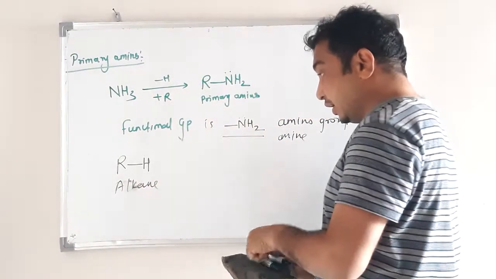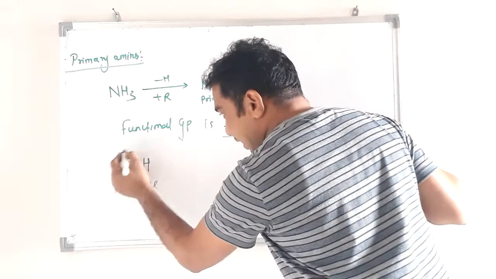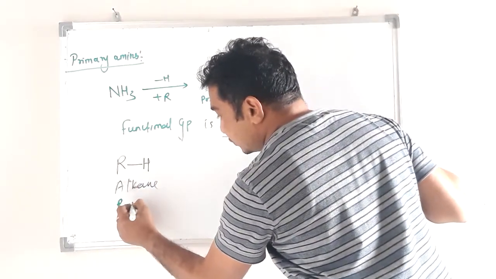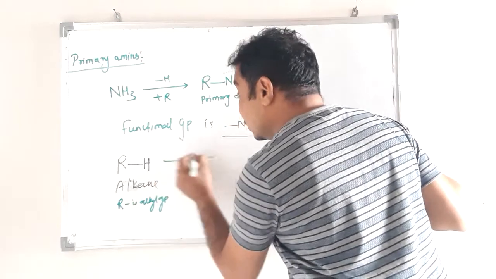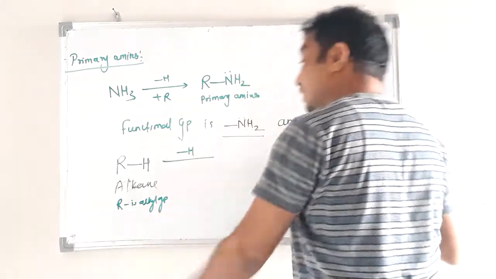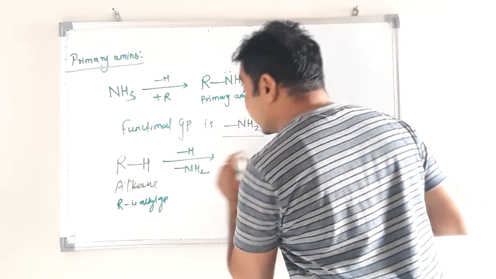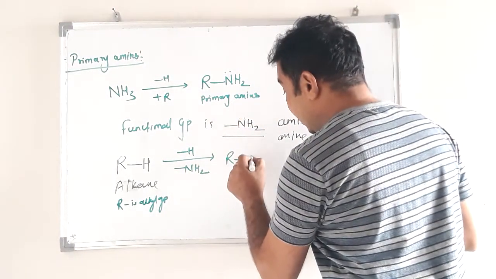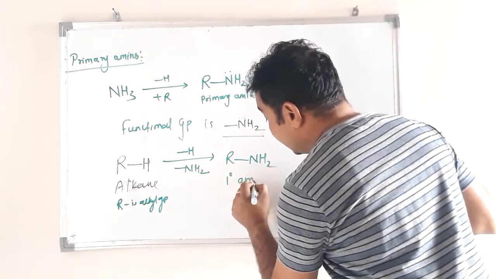Okay, we know alkane. It is also represented by R bond H, where R is an alkyl group. Now if I replace a hydrogen atom of alkane by an amino group, then I will have R bond NH2, that is primary amine.